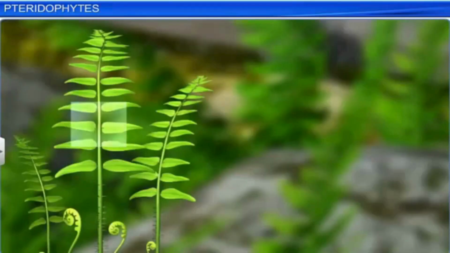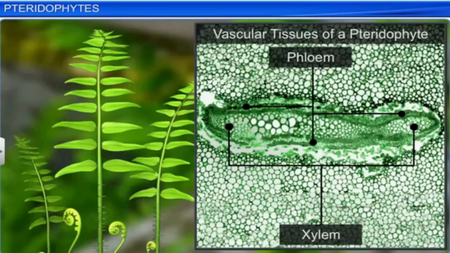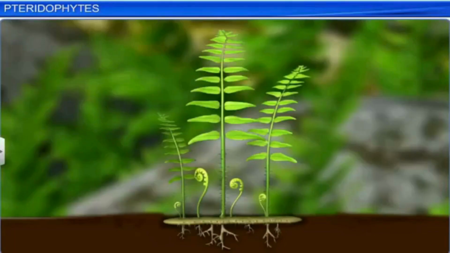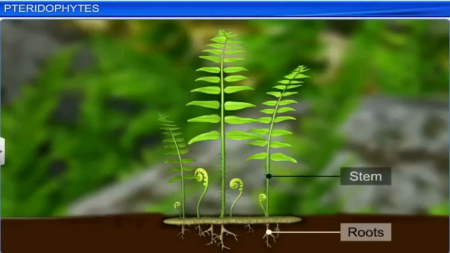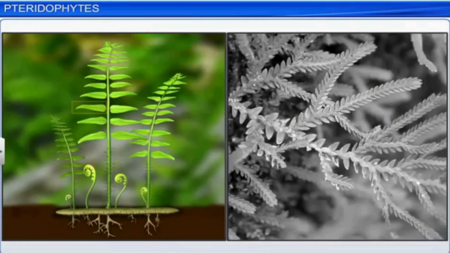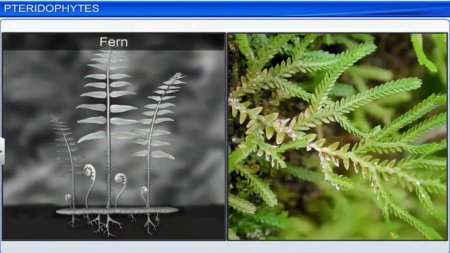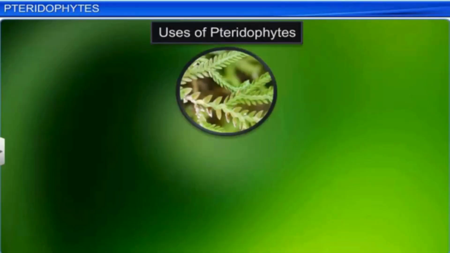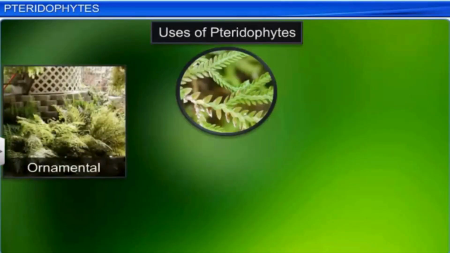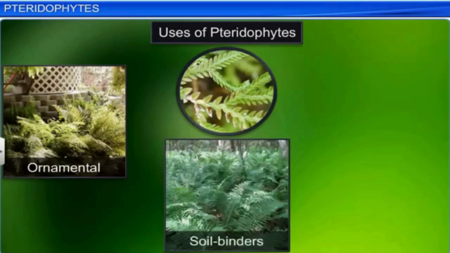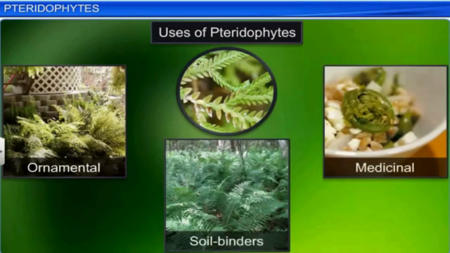They occupy a special place in plant evolution as they were the first terrestrial plants to possess vascular tissues and true root, stem and leaves. The leaves of a pteridophyte are large as in ferns or small as in the case of Selaginella. Pteridophytes are widely used as ornamental plants, soil binders, and for medicinal purposes.